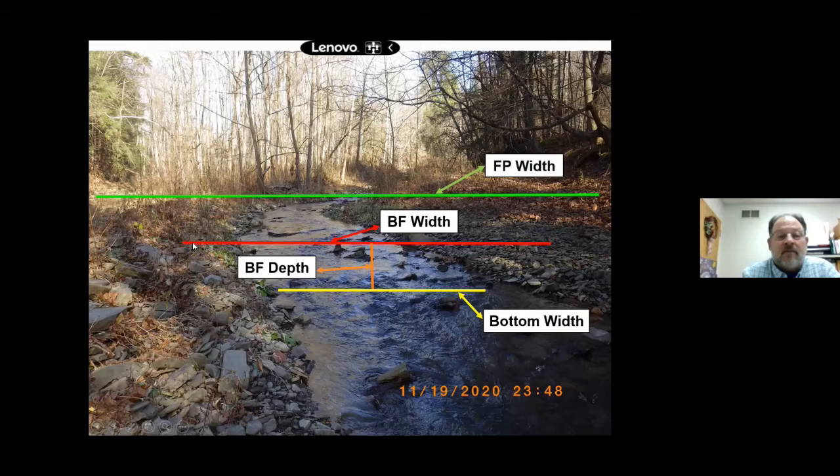So that bank full discharge in this slide, you can see where we're at about the top of a point bar here in this section. They probably started getting some smaller deposition in this area here, so that was an indicator that the bank full height may be in this area.